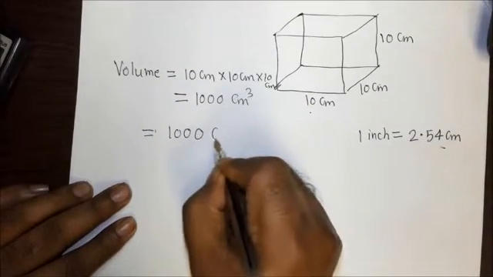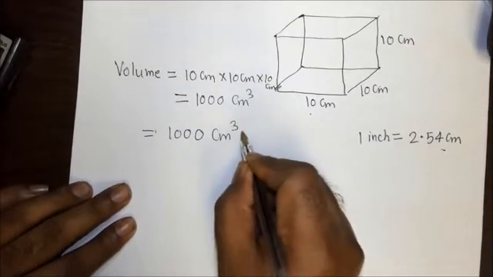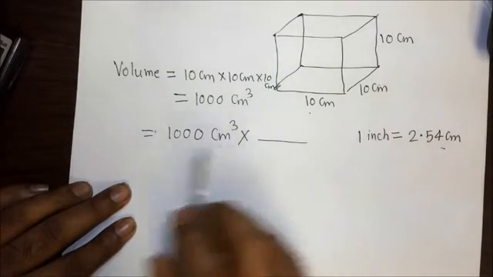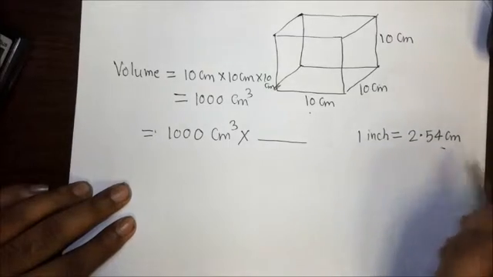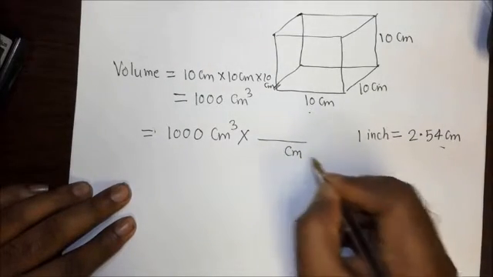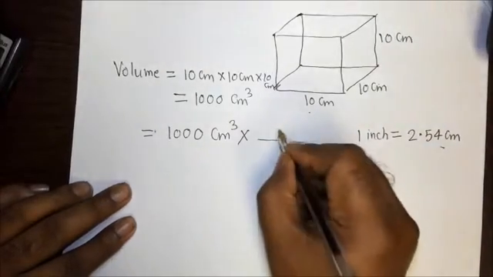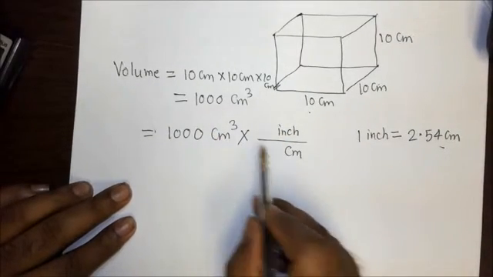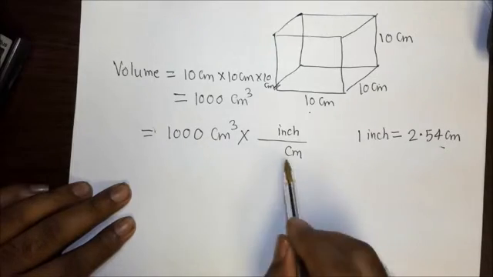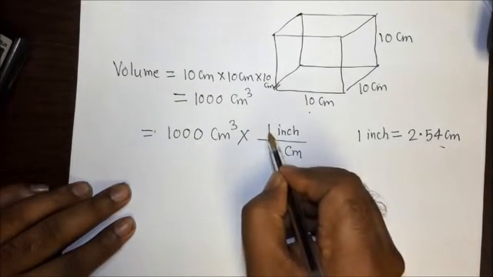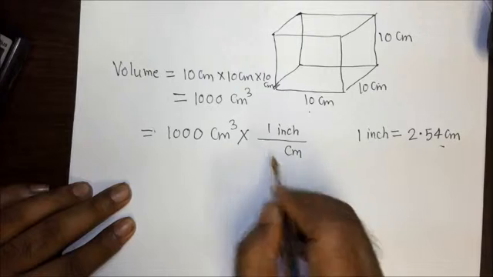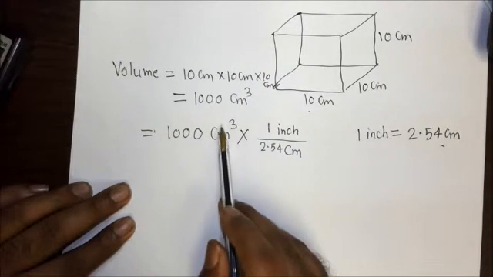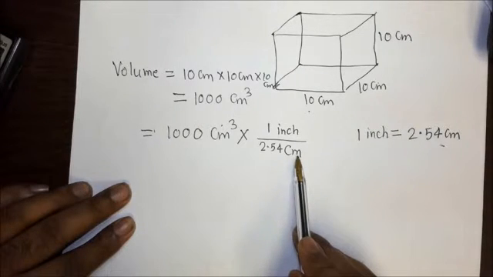1000 centimeter cube times what comes here. I need to get rid of centimeter, so I will put centimeter in the denominator and inch on the top, so that somehow these centimeters can cancel out. 1 inch is, now I will put the number here, 2.54 centimeter. Here it is cube. I need to make it cube.